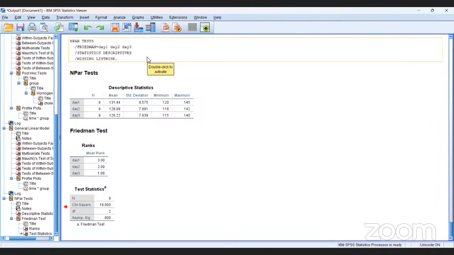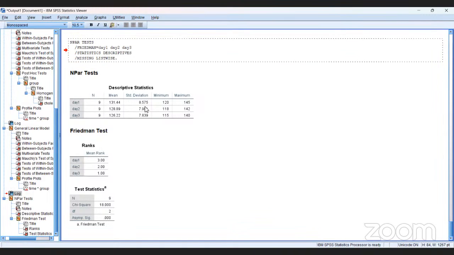Friedman test will give you the significance level of the repeated measures when the data do not follow the normality distribution. At that time, you can use this Friedman test. So yes, this is the advantage of the SPSS. SPSS will provide you this knowledge.